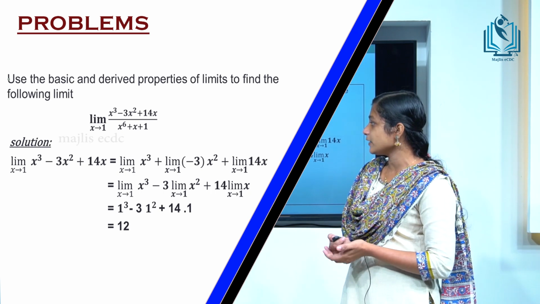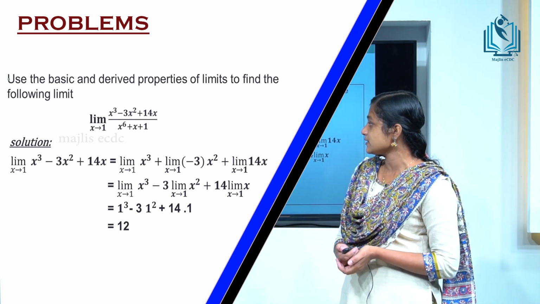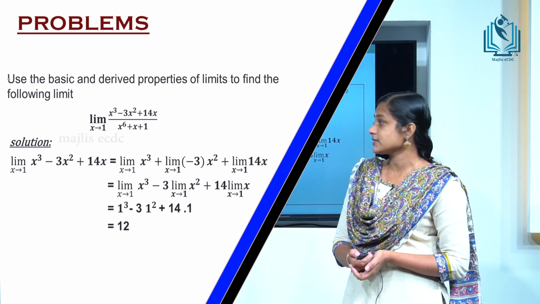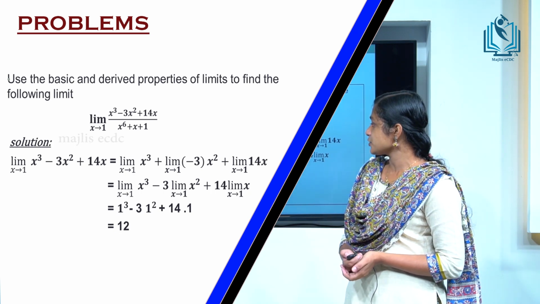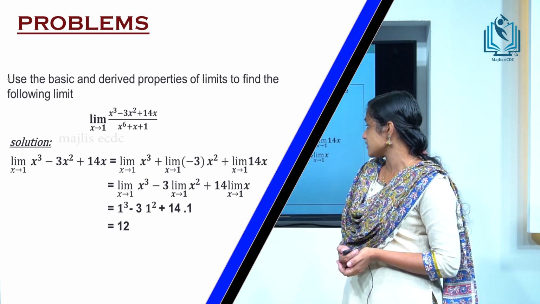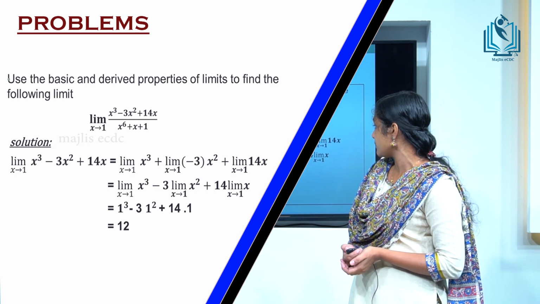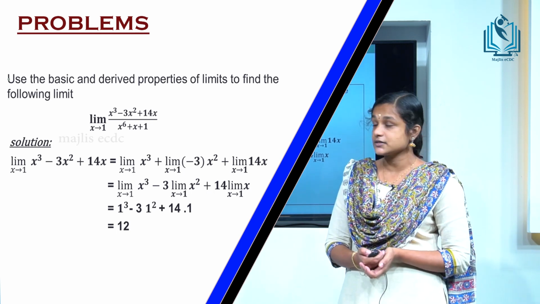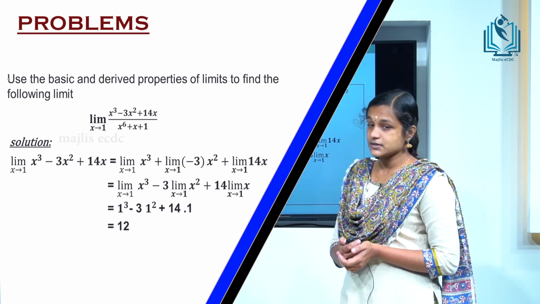Then the value of limit as x tends to 1 of x cube minus 3x square plus 14x is equal to limit as x tends to 1 of x cube plus limit as x tends to 1 of minus 3x square plus limit as x tends to 1 of 14x, using the extended sum rule.